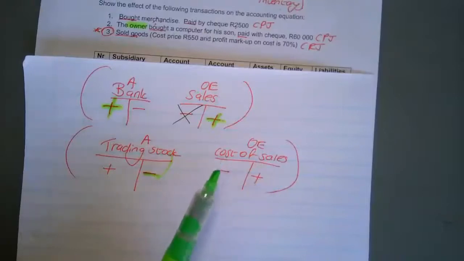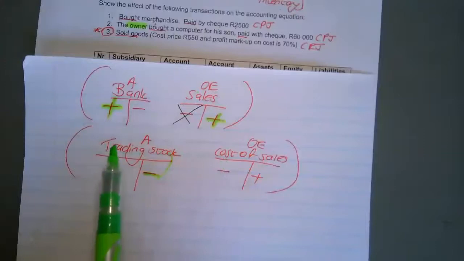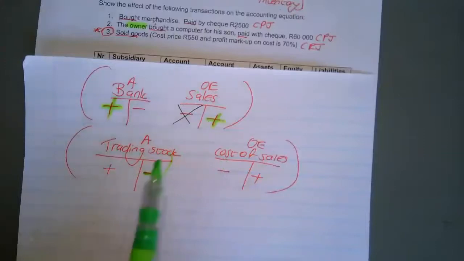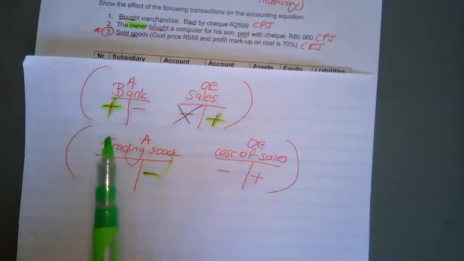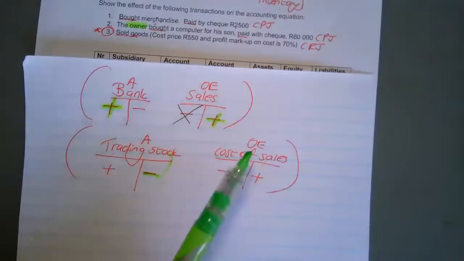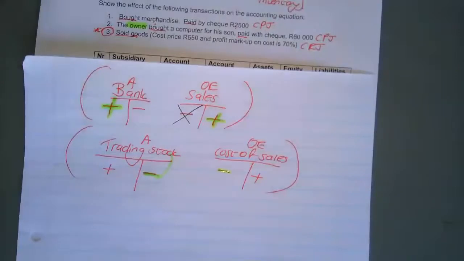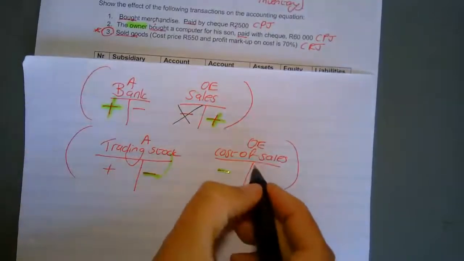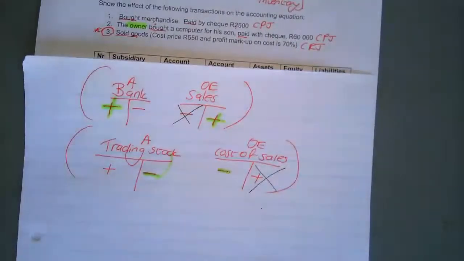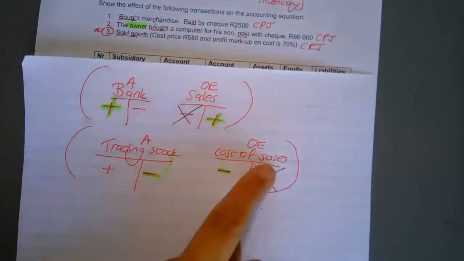So that is your cost price. So trading stock, we are losing trading stock to the value of cost price. If trading stock is credited, cost of sales is debited. And in EMS accounting, you never write on the credit side of cost of sales, because cost of sales is always an expense to you. It's the cost of the thing that you are selling.